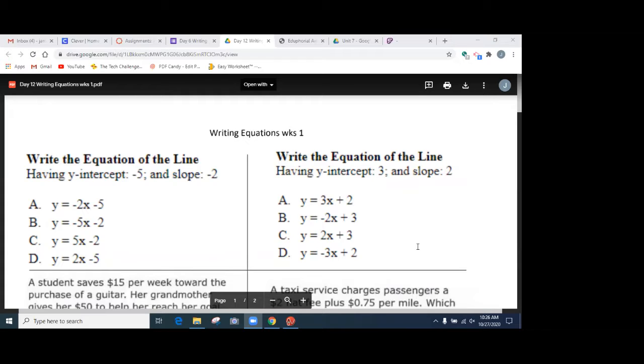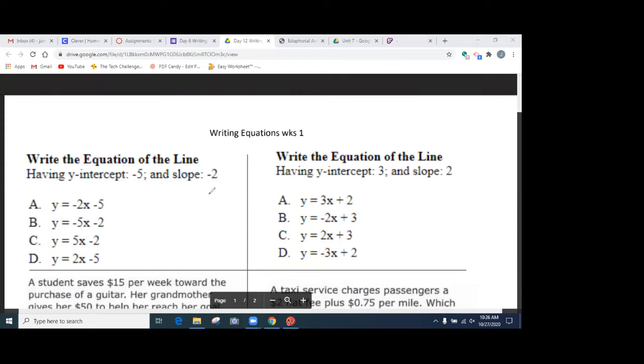Y'all do a great job of plugging this stuff into the calculator, so for the most part, I don't think I'm talking about you guys, but just in case you were having a bad day, I am going to be annoying today. Make sure that you're plugging this into the calculator. That being said, this right here has nothing to do with the calculator. So here we are talking about how important this is today with the calculator, and the first few problems have absolutely nothing to do with the calculator.